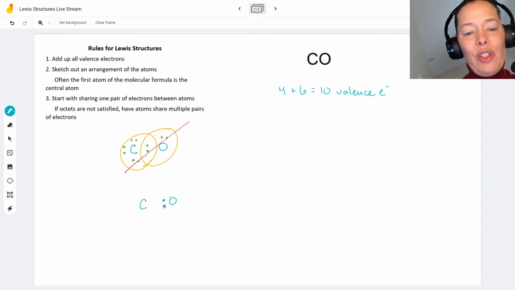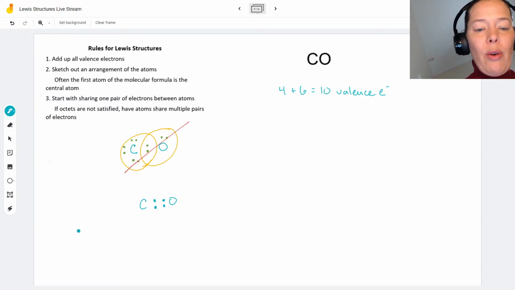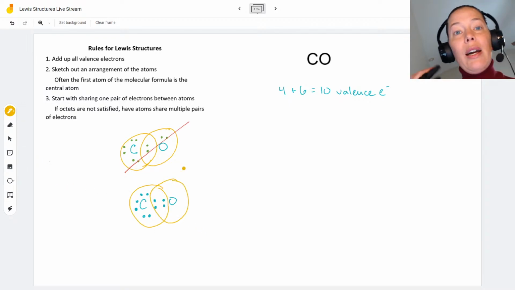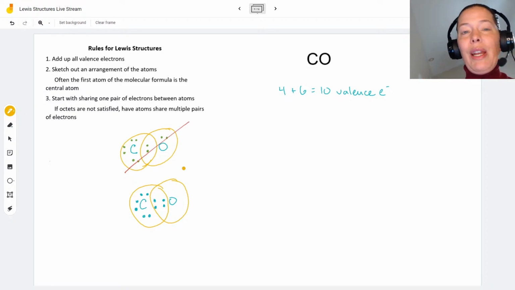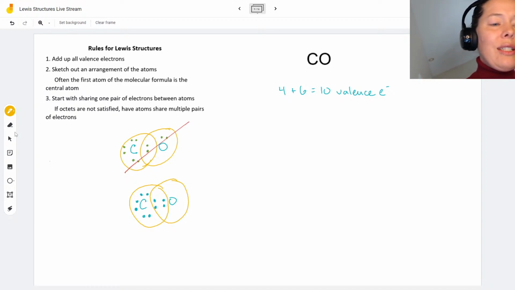Now I'm going to make them share 4 electrons. So that's 4. Oh, I didn't change the color. Sorry about that. Okay, so that's 2, 4, 6, 8, 10. And I'm guessing you already see I have problems with this one. My oxygen still only has 4 electrons, but now my carbon has 10 electrons.